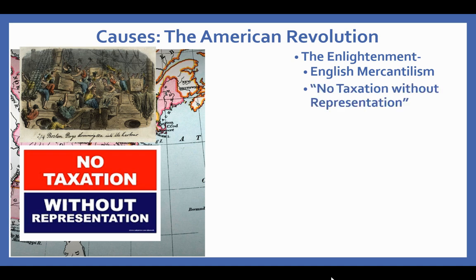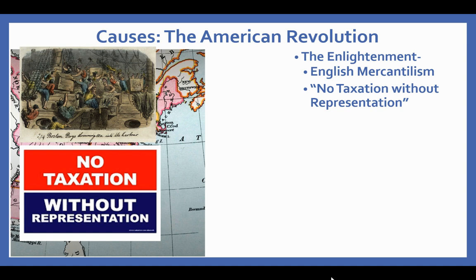Not only that, the colonists really were not represented in politics. In Parliament, there was nobody who was there to fight for the rights of the colonial citizens in the Americas. So the American colonists felt that the government in England did not represent them, did not represent their interests.